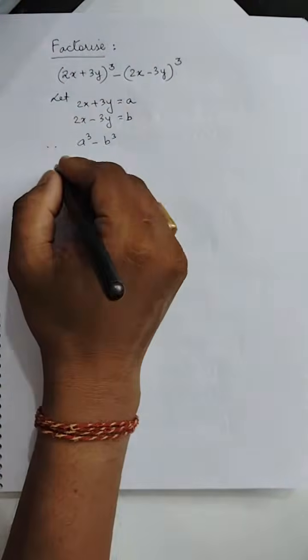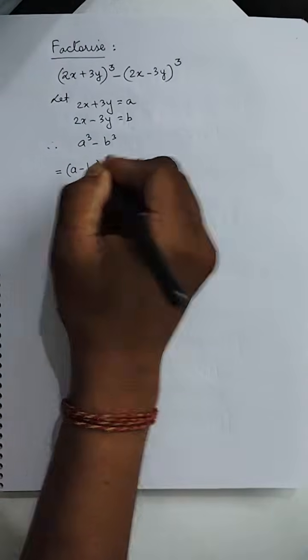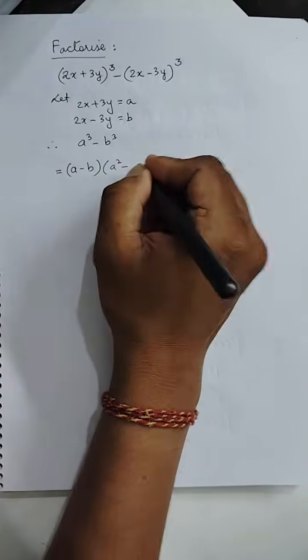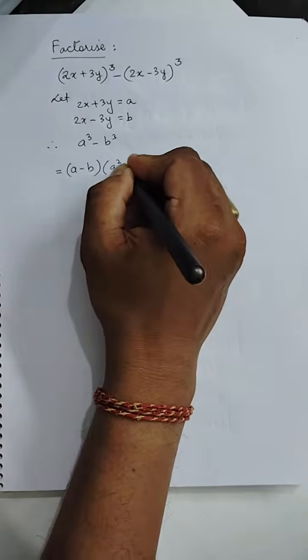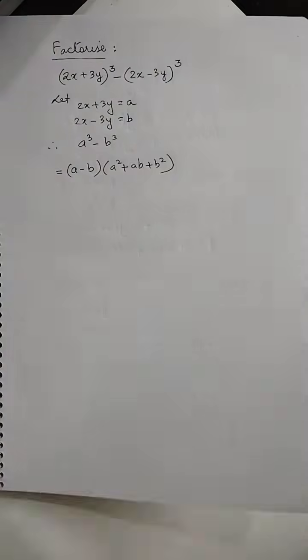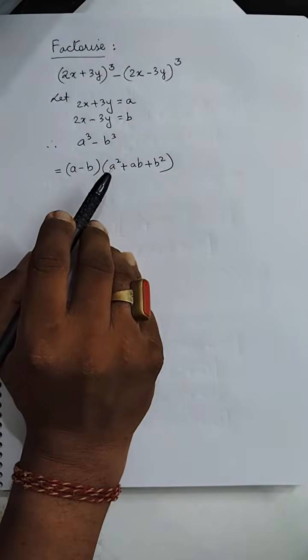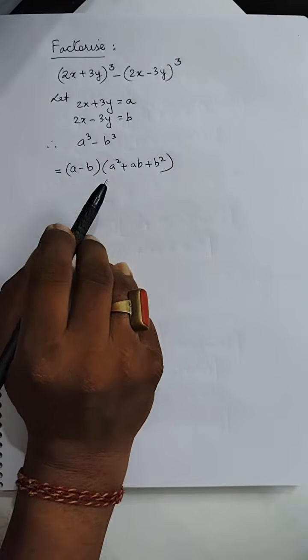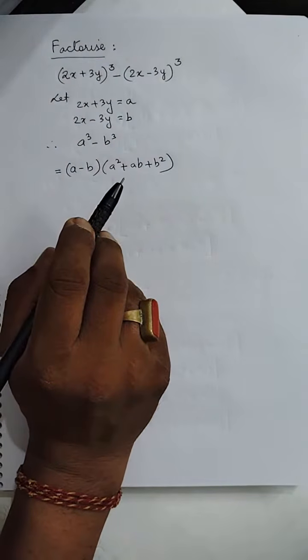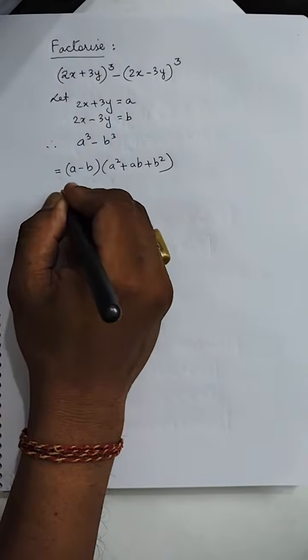Okay, so what is a cube minus b cube? A cube minus b cube is a minus b times a square plus ab plus b square. Now we will replace a and b with these values. Let's begin by replacing the values. What is a?